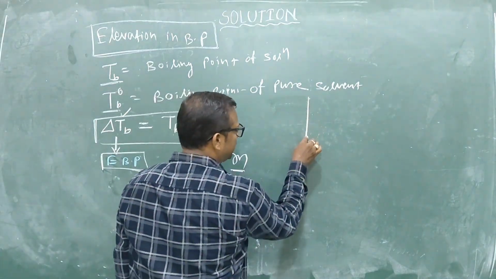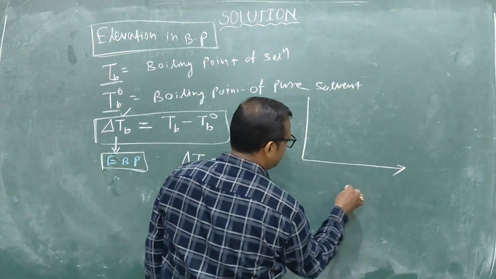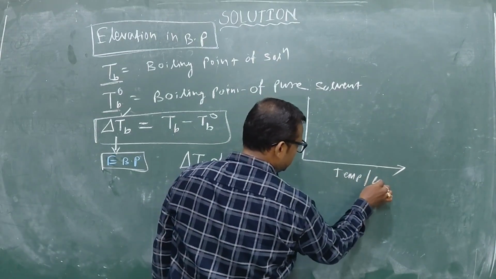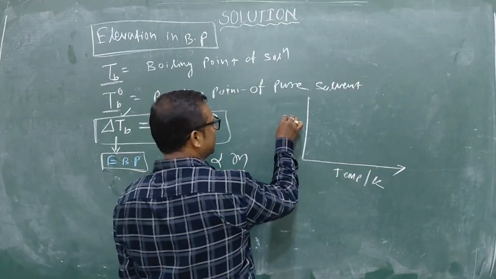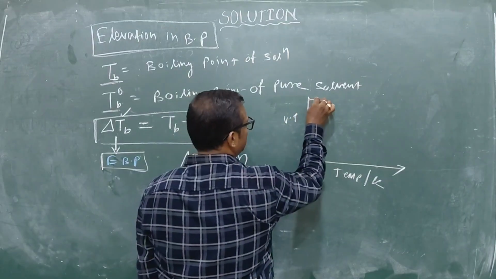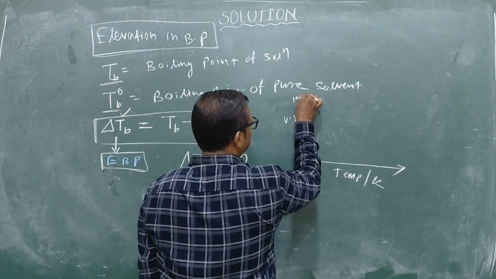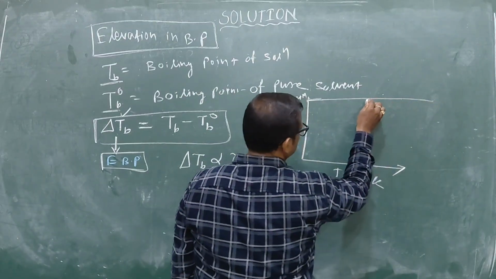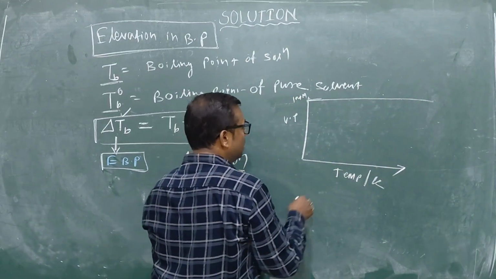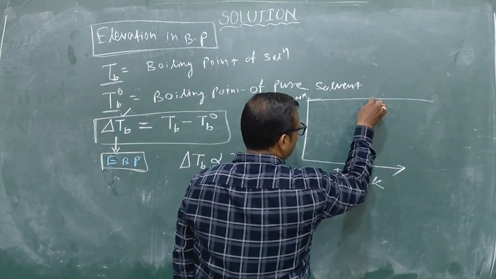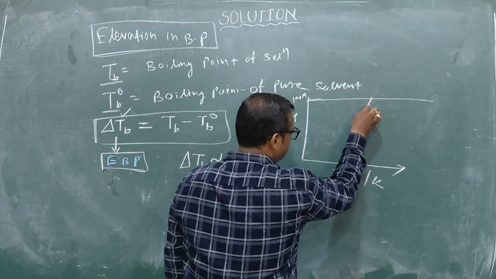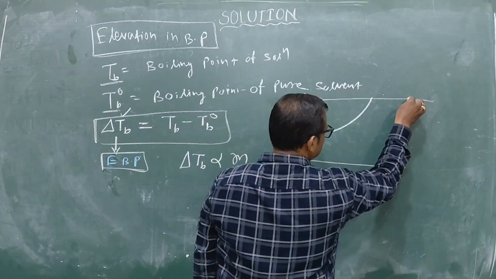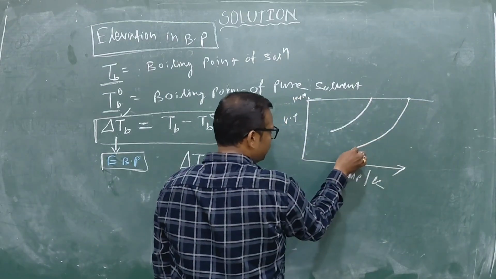So let us take a graph. Here on the x-axis I will take temperature in Kelvin, and on the y-axis vapor pressure, with 1 atmospheric pressure, 1 atm. Suppose this is the point which is the boiling point of pure solvent, and this point is the boiling point of solution.